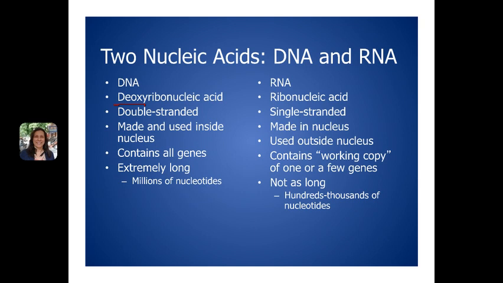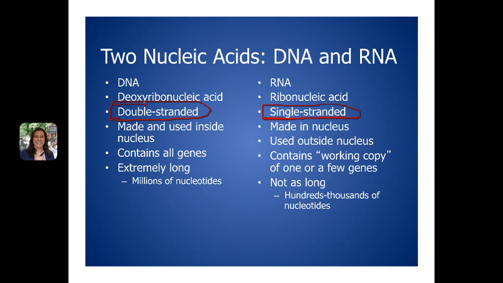The molecule of DNA in nature exists as a double-stranded molecule. RNA, on the other hand, is made as a single-stranded molecule, and some of its parts can then be double-stranded, but in general RNA is single-stranded while DNA is double-stranded.